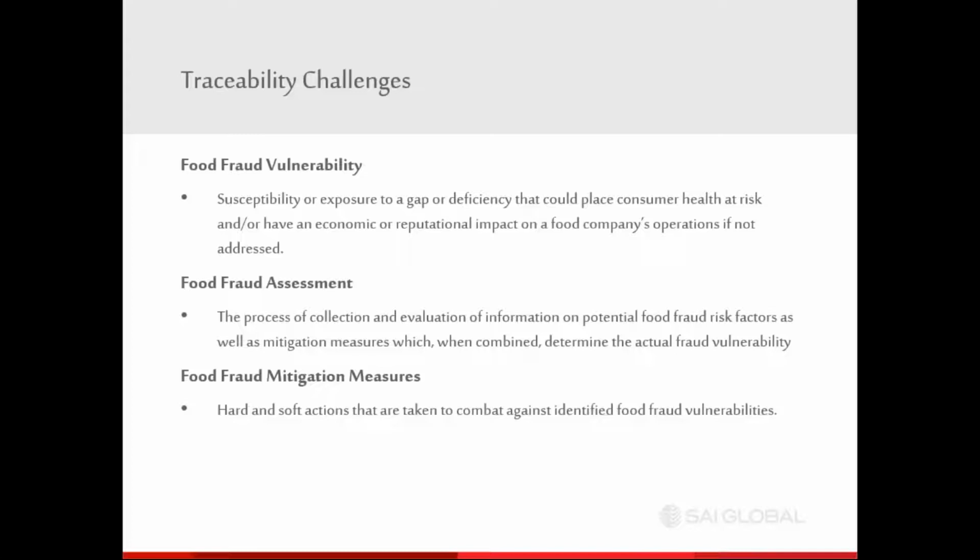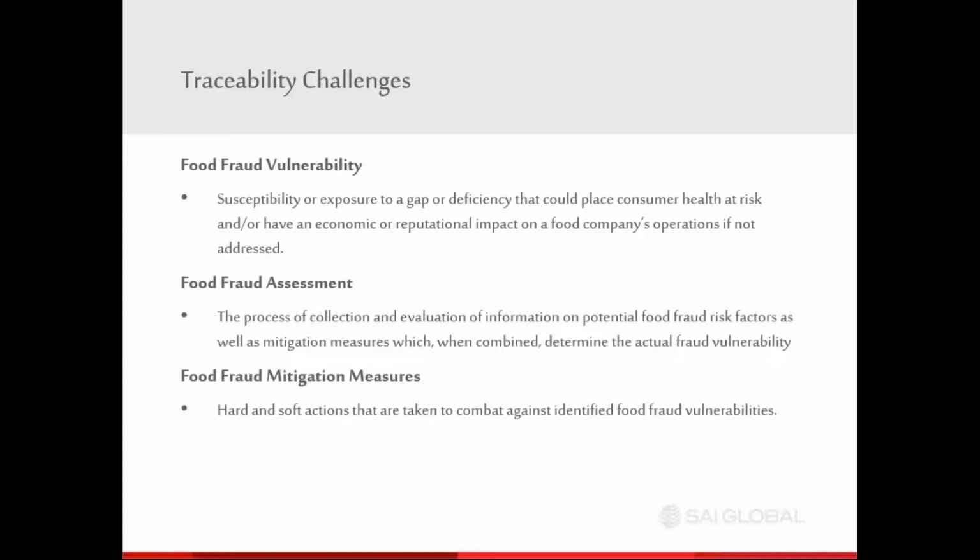As I talked about, you do those assessments to find those gaps. So those vulnerabilities are gaps in your system that could either cause economic gain, hurt the company, or hurt the consumer. So you do food fraud assessments to catch those gaps, those vulnerabilities.